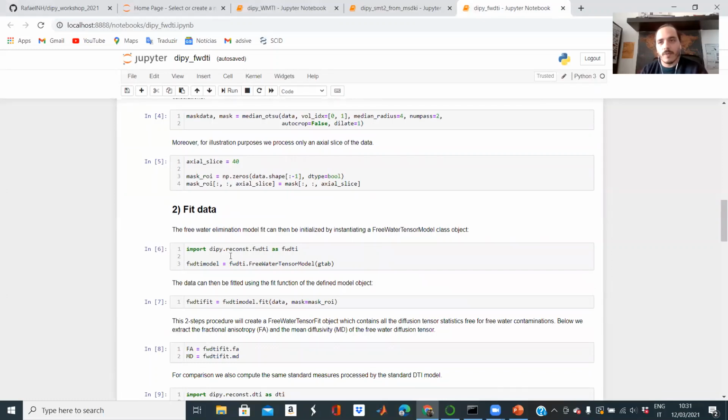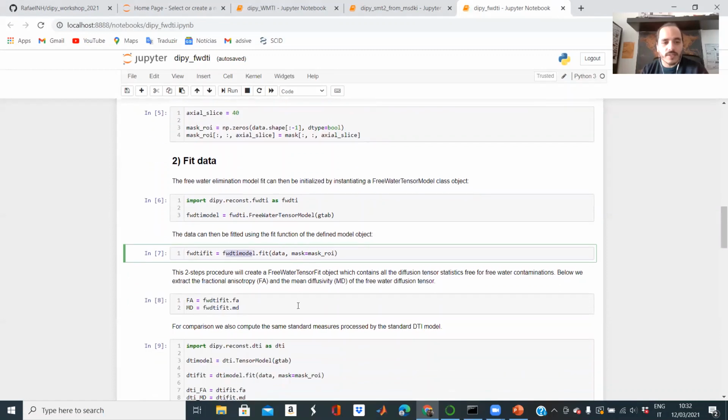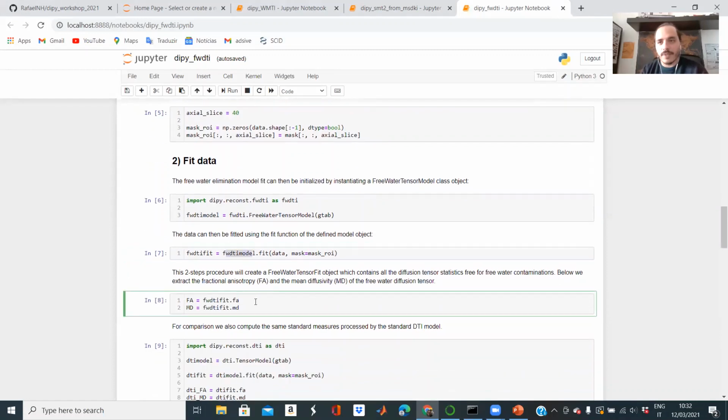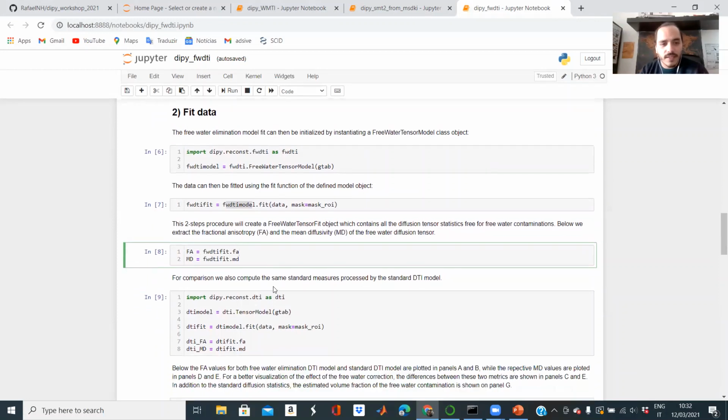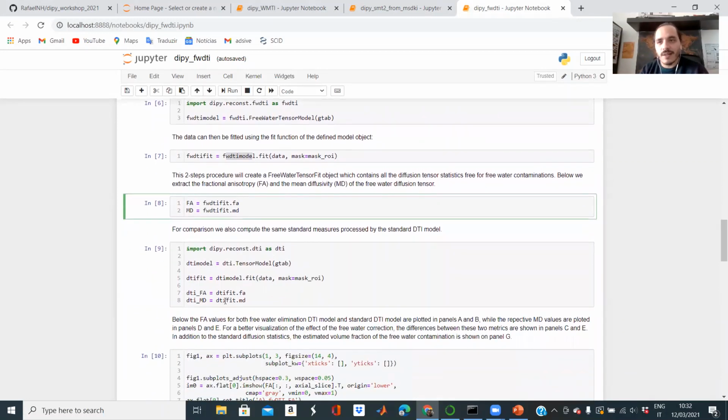You have to define the free water DTI model from Dipy reconstruct, defining it according to your acquisition parameters. Then you can fit it using the fit function of the model object. So here I'm producing the FA and MD decoupled from the free water effects. And for reference, I'm also computing the standard FA and MD from DTI.